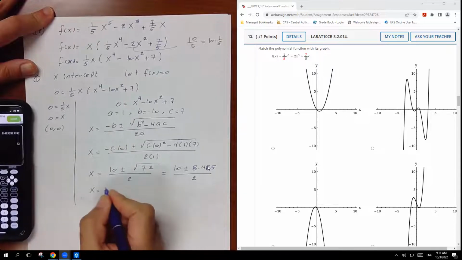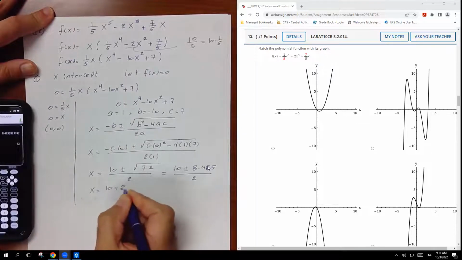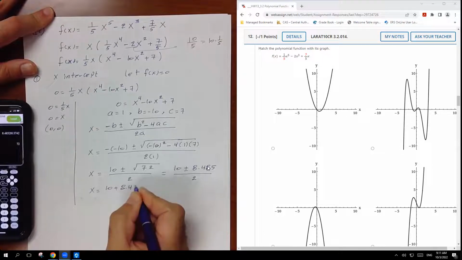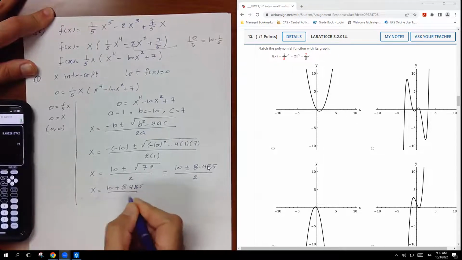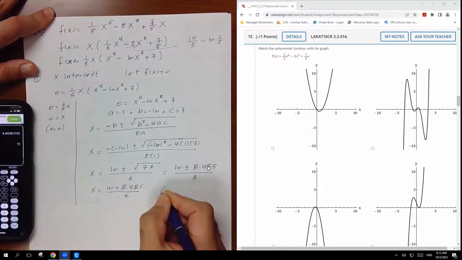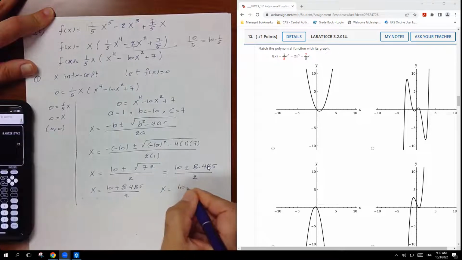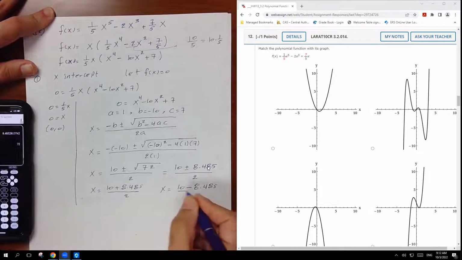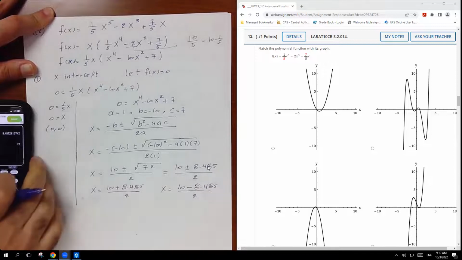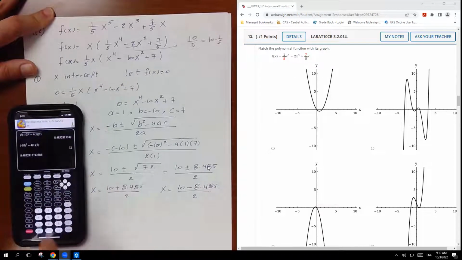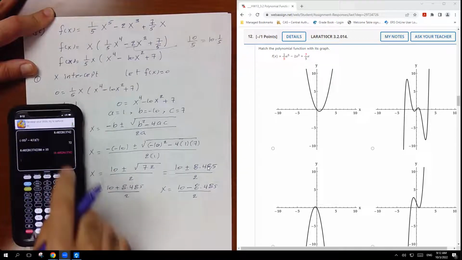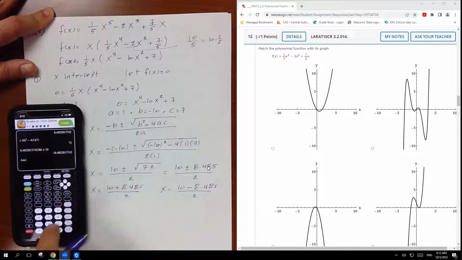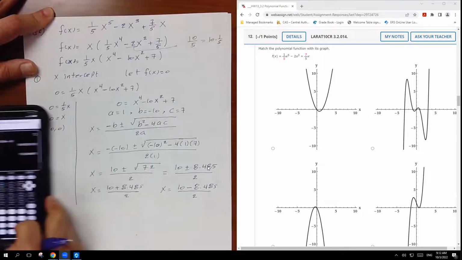X is going to equal 10 plus 8.485 over 2. And the second one, x is going to equal 10 minus 8.485 divided by 2. So if you add this number to the 10, it's going to be 18, and divided by 2 is going to be 9.24.